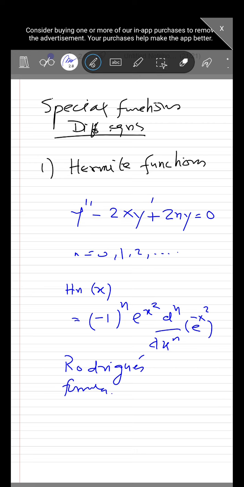Now there are first few relationships based upon this Hermite polynomial.